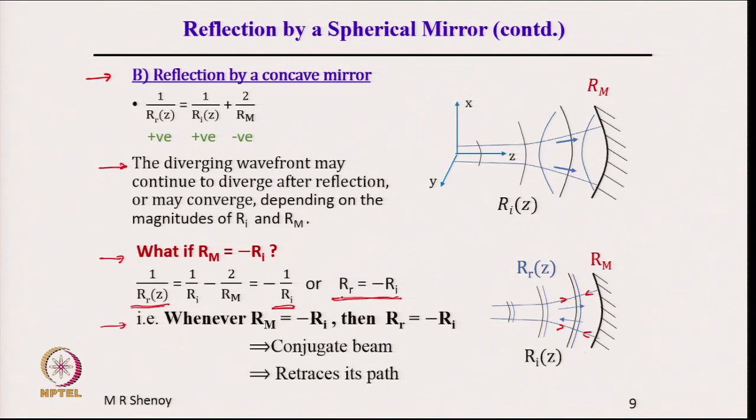So, the R_R will be equal to minus R_I, which means it is simply flipped, and therefore, the beam retraces its original path. That is what happens in a resonator, where we saw that the Gaussian beam is going back and forth. Now, this has important implications.